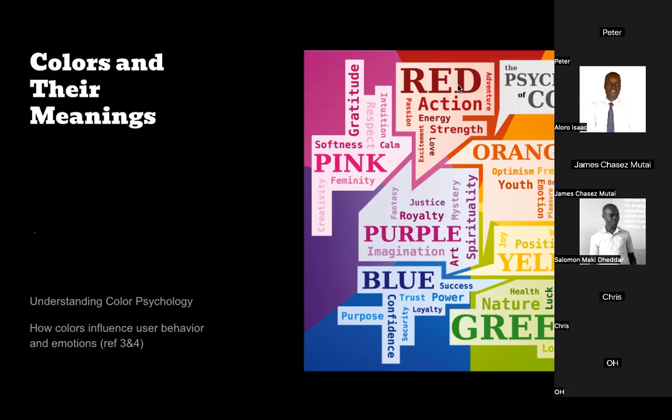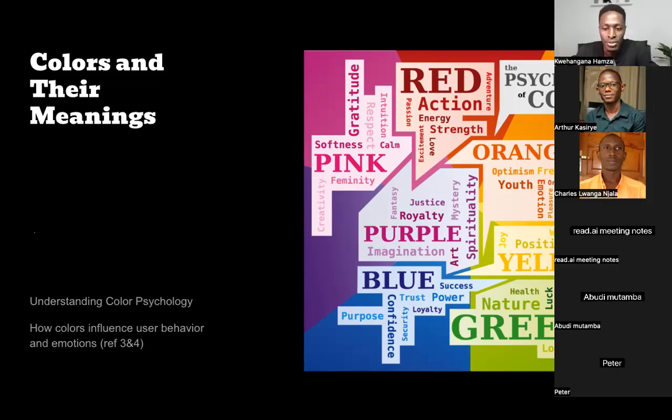If you look at red, it communicates action. You remember the notice example I talked about, where you have a notice on the notice board calling for some sort of attention. So you can use red because you want people to take action. Energy, strength, love, excitement, passion, and other colors.